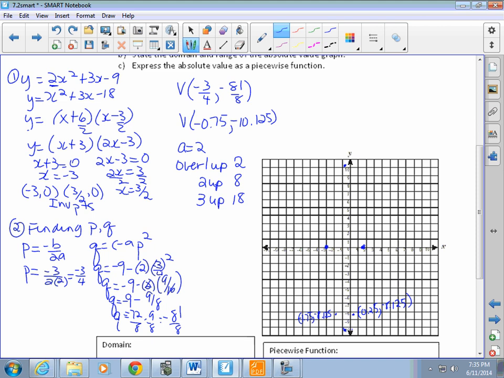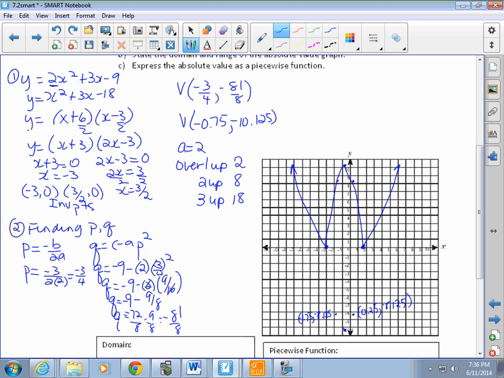So 0.25 and 8.125 will be right there. And on the other side it was at negative 1.75 and 8.125. So then my graph of the absolute value function will do this, and then it'll be this. And none of those points that I put on those branches are exact.